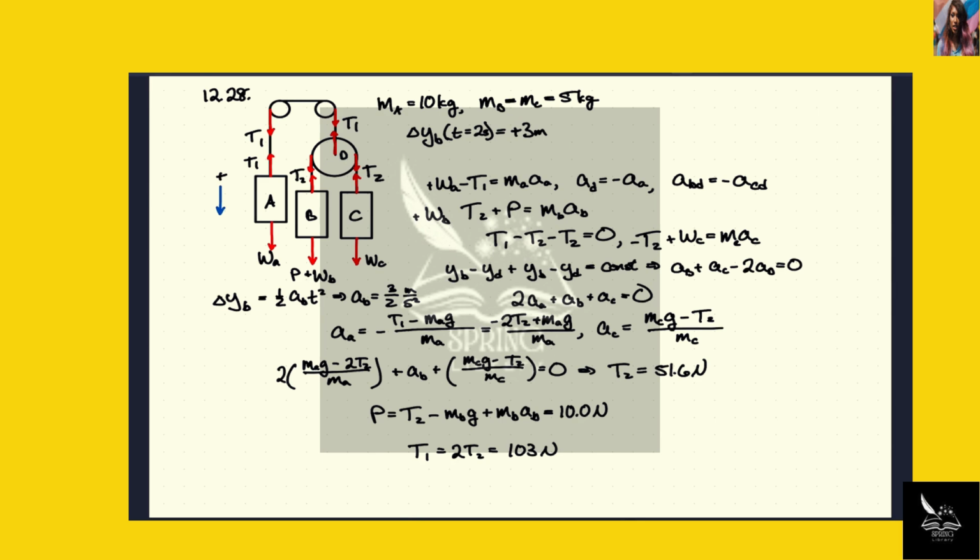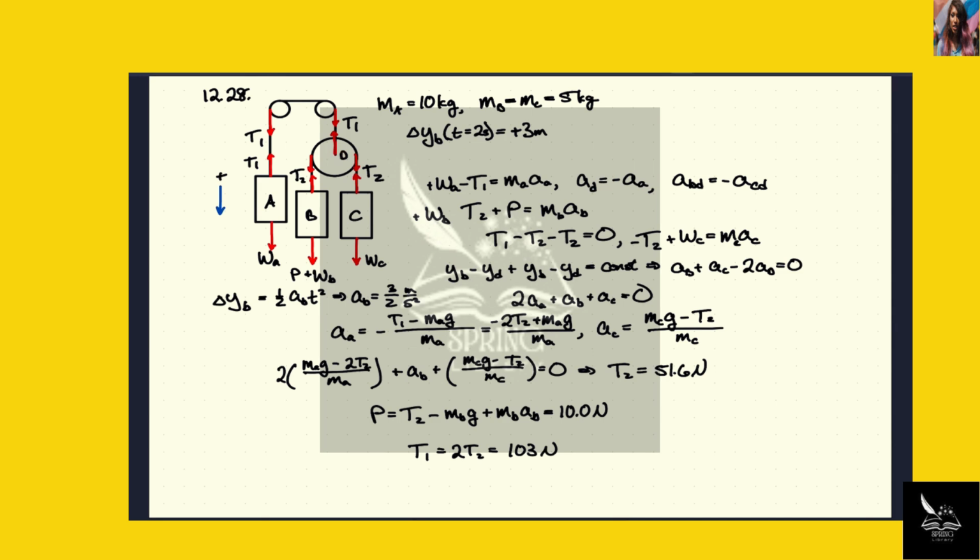Let's see here. We can write Newton's laws for each of these. For this one, we just have the weight minus T1 equals the mass times its acceleration. Since this cable doesn't change length, we know that A_D is minus A_A, the acceleration of this point.